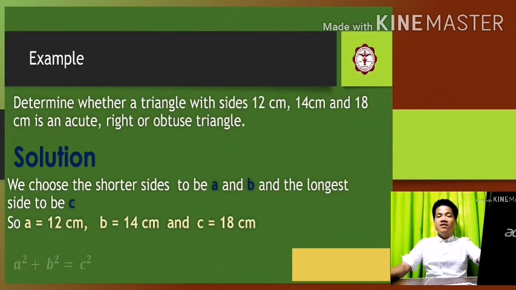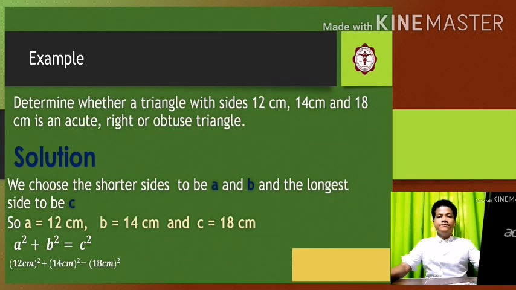Using the Pythagorean equation, we will have a squared plus b squared is equal to c squared. Putting what we know, a is 12, so we have 12 centimeters squared, plus b is 14, so 14 centimeters squared, that is equal to c, 18 centimeters squared.